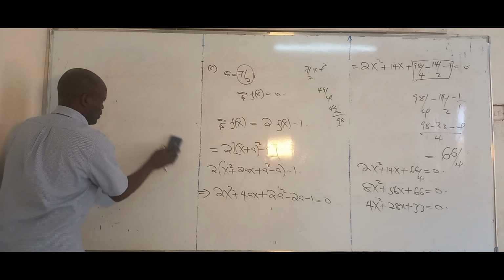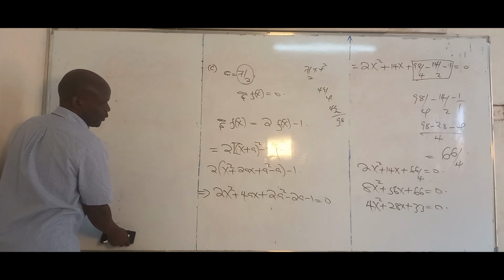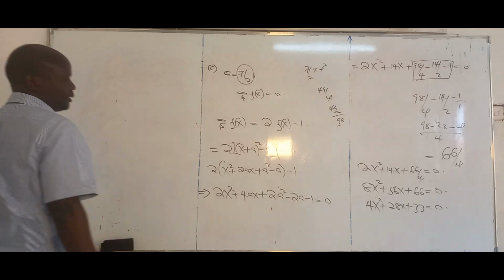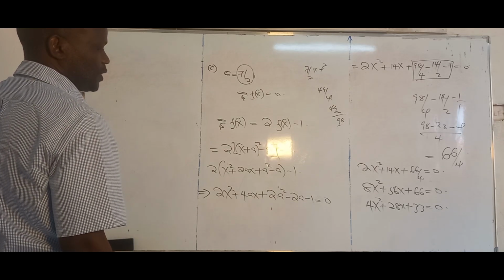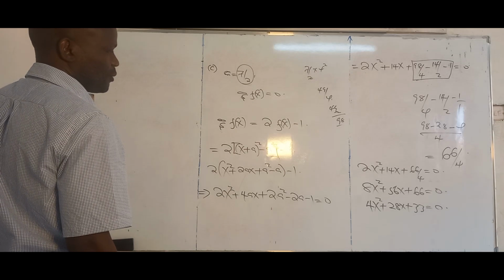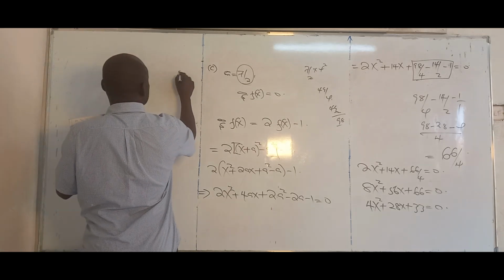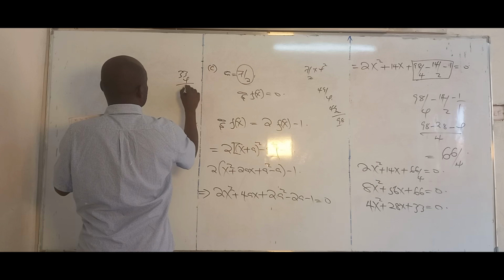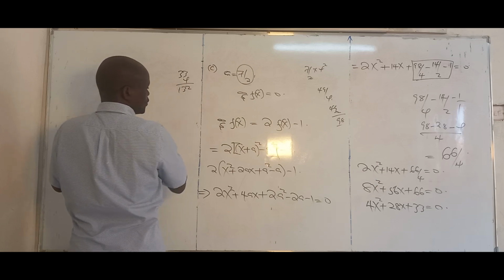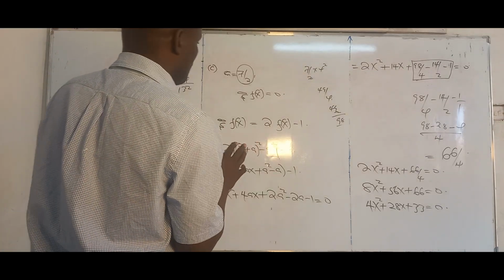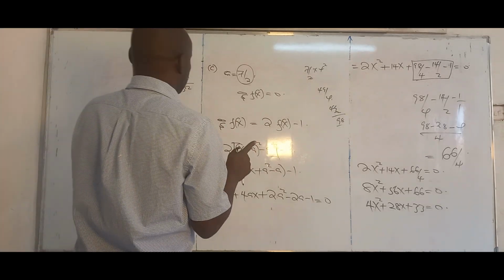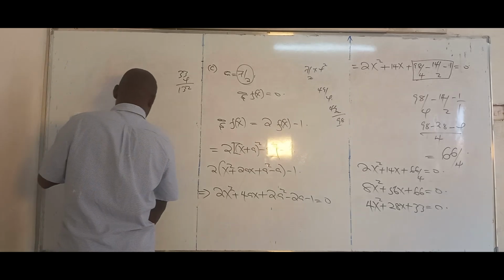Solving for x, I want to apply straight away the quadratic formula, since I'll be having a product of 33 times 4. 33 times 4, that's 132. So you want two values which will give you a sum of 28 and a product of 132.